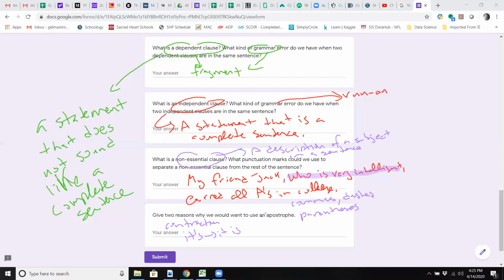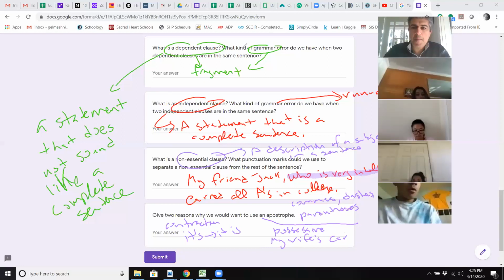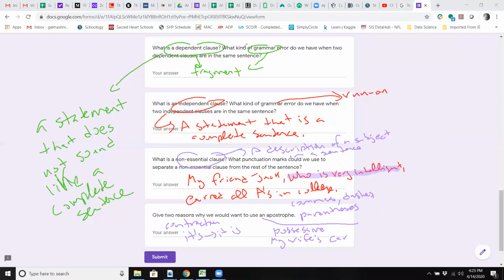Or it could be possessive. Like I said, my wife's car. I'm talking about the car belongs to my wife, right? So that's just a little rundown there. Any questions so far about that? Nope, okay. So let's look at some problems that we can work through.